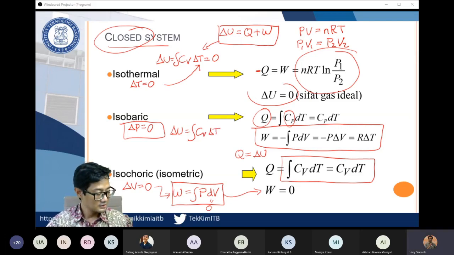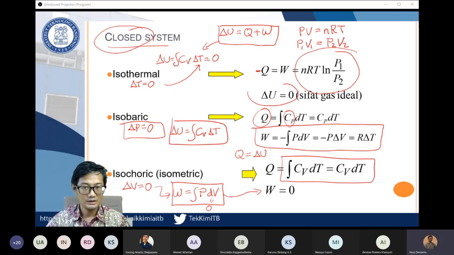The only one that changes is the heat capacity in the heat. Okay, so now you can calculate for each case, isothermal, isobaric, and isometric, the value for each term in the first law of thermodynamics.